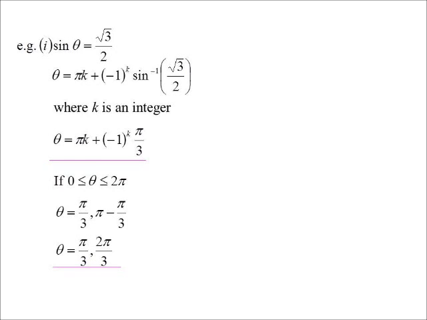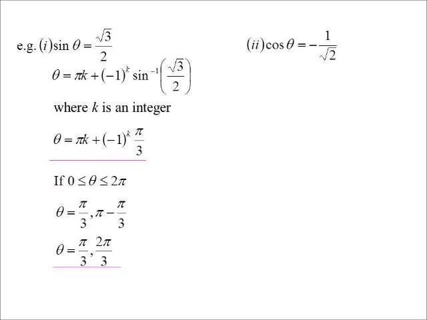If I was substituting k equals 2, I'm going to get 2 pi plus pi on 3. Oh, well, that's outside of the range that I'm looking for. So I know these are my two answers, pi on 3, 2 pi on 3. I'm not suggesting for a second that's how you would solve that equation if you were given sine theta equals root 3 on 2 in between that. But this is just demonstrating, oh yes, our formula can generate solutions.